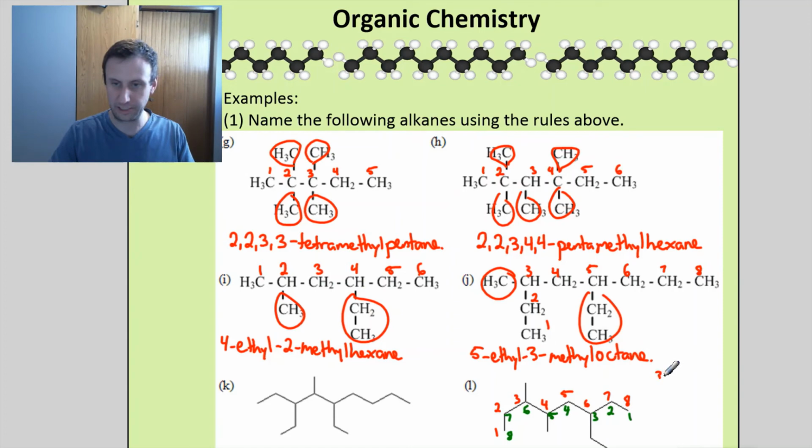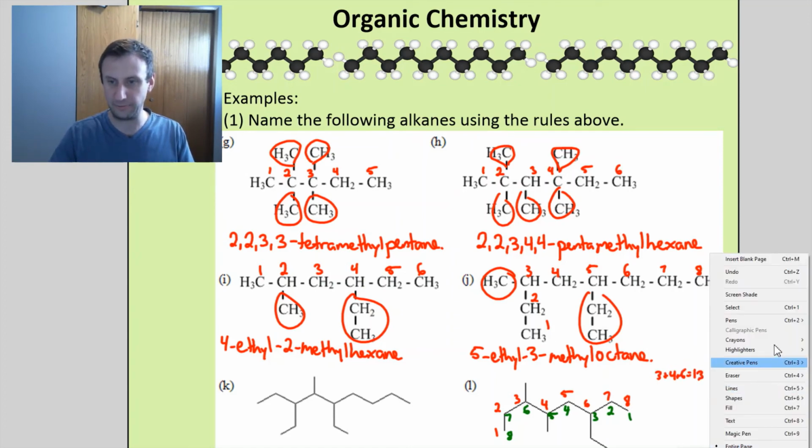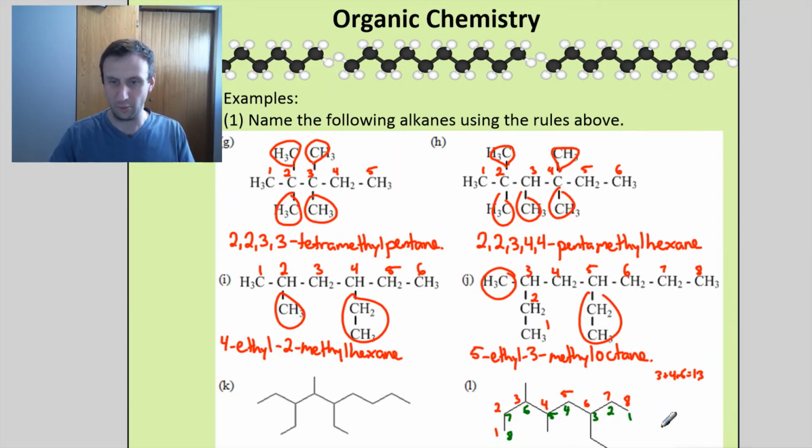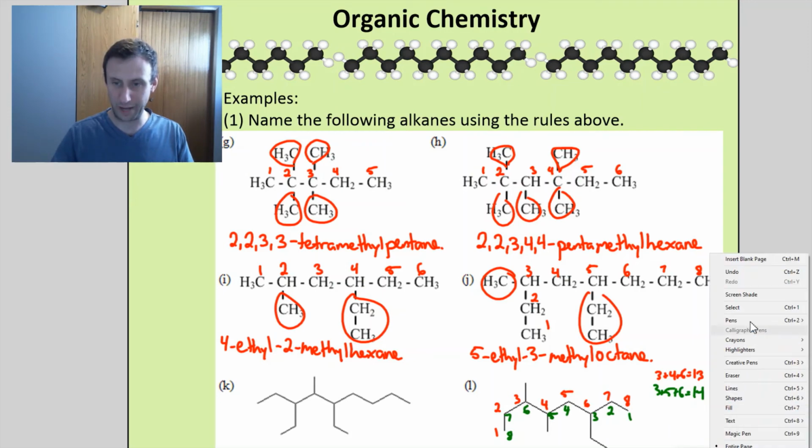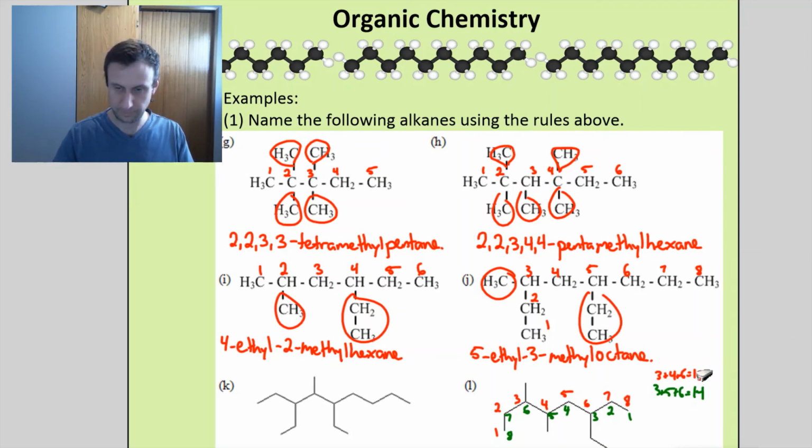I have 3 plus 4 plus 6, which is equal to 13. And then if I do the same with green, where I have 3 plus 5 plus 6, that is equal to 14. This makes it clear that red is the better choice for the numbering. Okay, so we're going to have to go with red for our numbers. Let's get rid of the green.